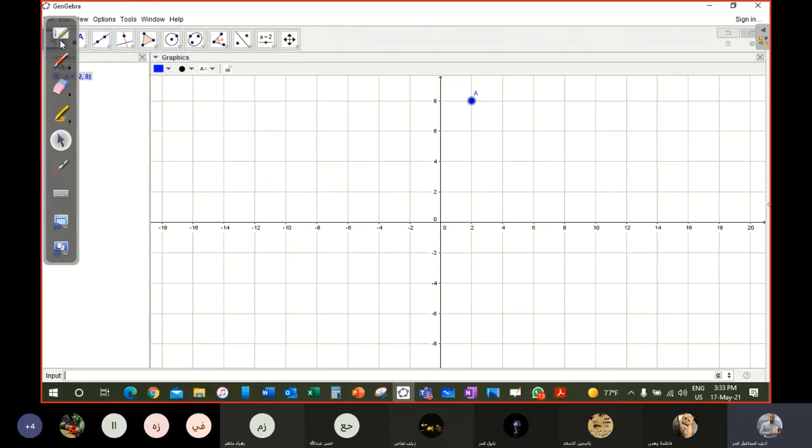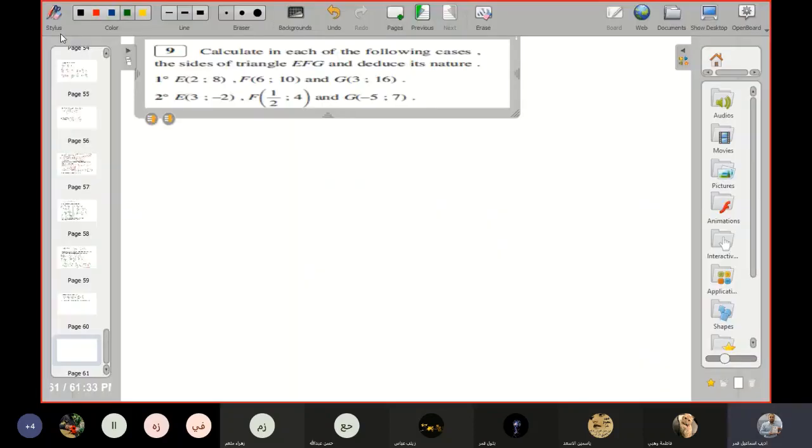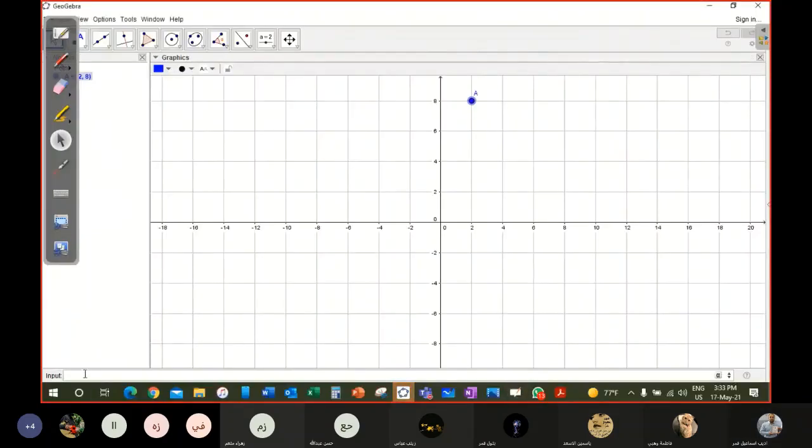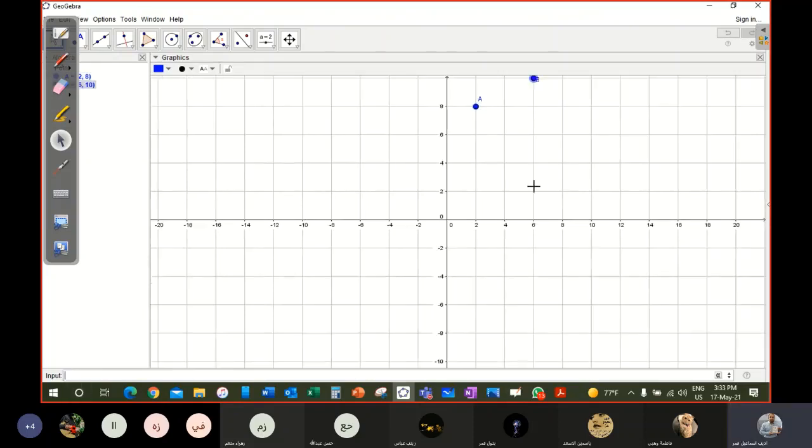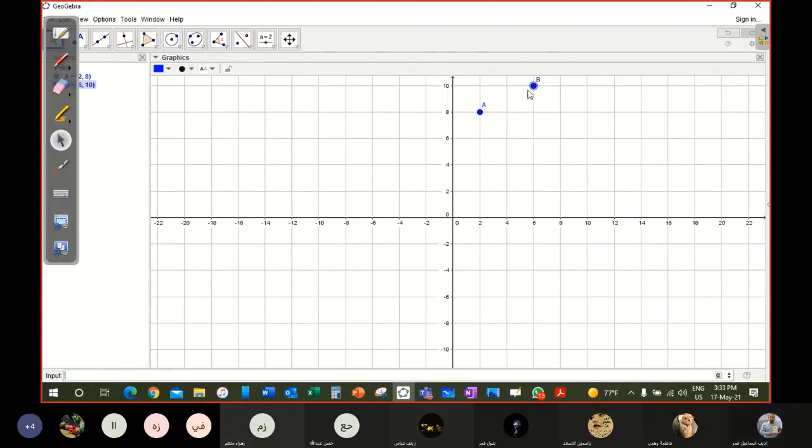Also we have the other point F: 6, 10. Where is 6, 10? Come on. 6, 10. This is point E.